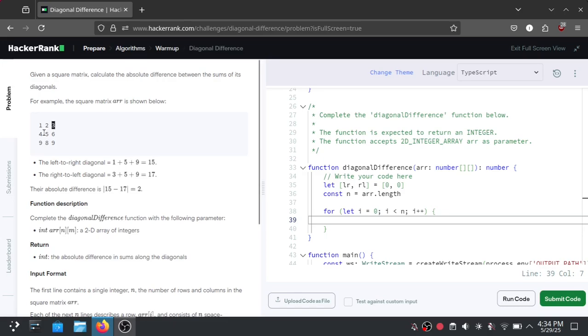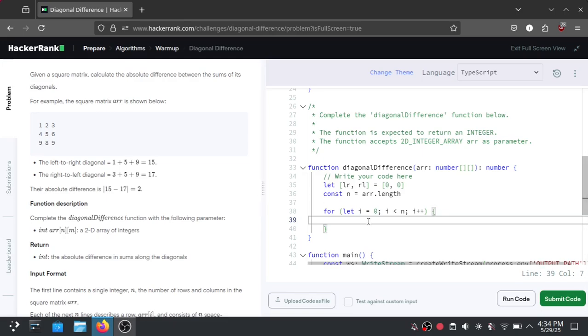And then for the second iteration, we are pointing the 5, since the 5 is on the middle part of the matrix. We are pointing it 2 times, and then for the final iteration we are pointing the 9 and then also the 9.